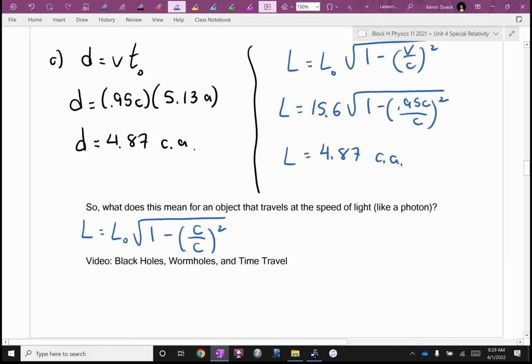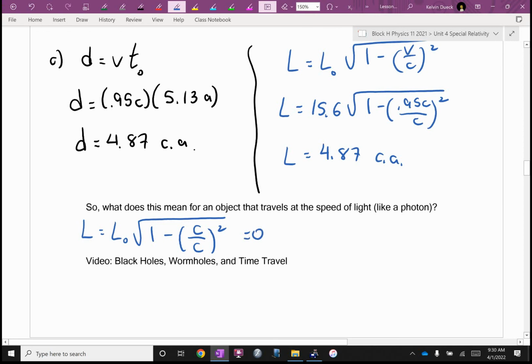What's 10 divided by 10? What's anything divided by itself? So what's C divided by C? What's 1 squared? 1 times 1. What's 1 minus 1? What's the square root of 0?